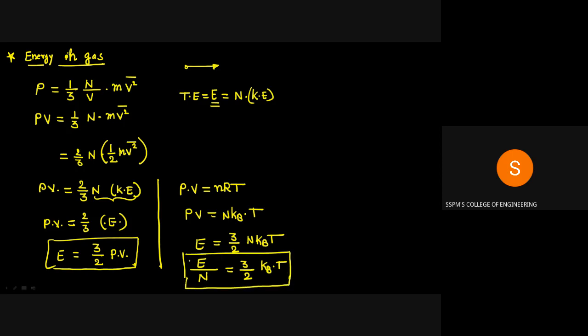So we have these two equations for the energy: one is E is equal to 3 by 2 PV, and the second is E by N, where N is the number of molecules, is equal to 3 by 2 Kb T. Next we have the specific heat capacity.